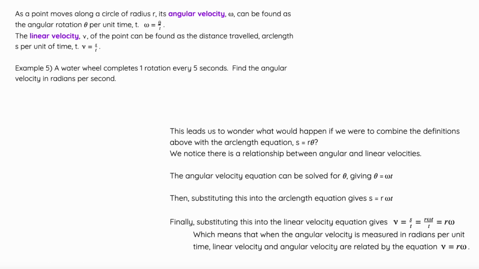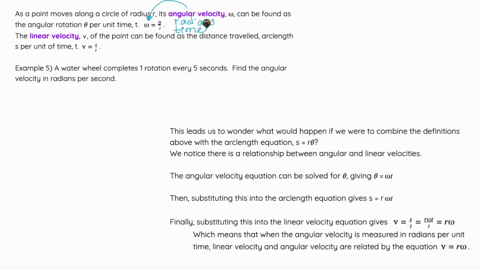So angular velocity is equal to radians divided by time. And angular velocity is found with this really weird W looking thing. So we have radians over time.